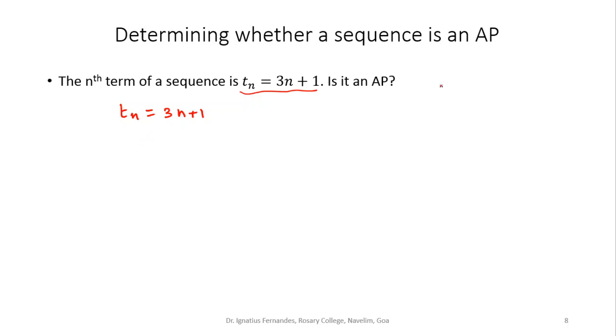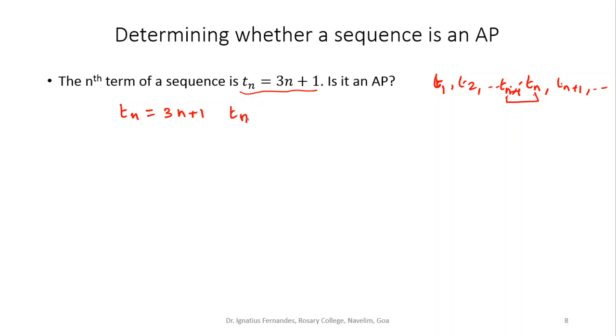If you look at the way we have written an arithmetic progression, as the first term, the second term, the third term, and so on, we have the nth term, then we'll have the n plus 1th term, and so on. So before tn it is tn minus 1, the n minus 1th term. So you may look at tn and tn minus 1. If the difference between the nth and n minus 1th term is constant, then it will be an arithmetic progression.